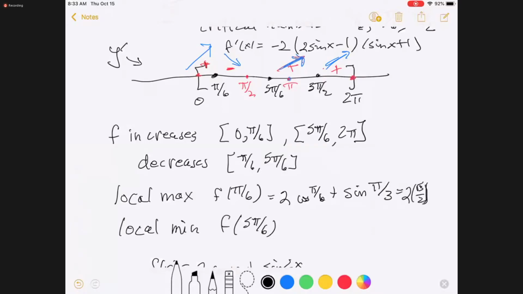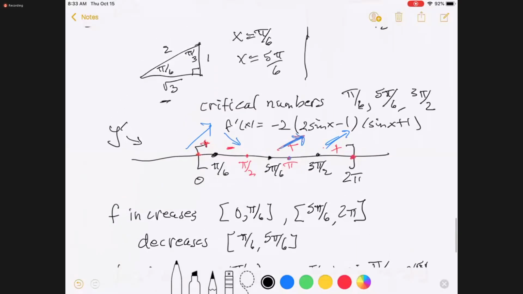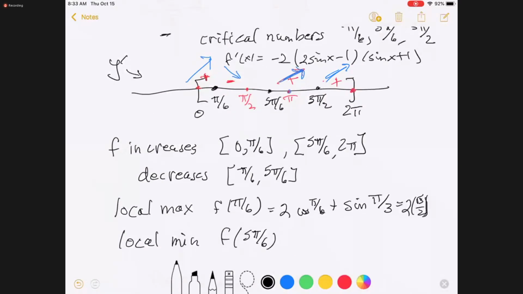And the sine of pi over 3, okay, well, there's pi over 3, so that would be opposite over hypotenuse. That's the square root of 3 over 2, too. And so that's equal to 3 over 2. That 2 goes away. And the square root of 3 times the square root of 3 is 3.